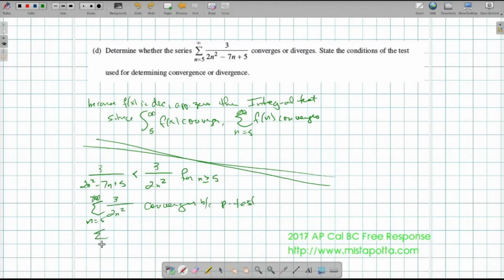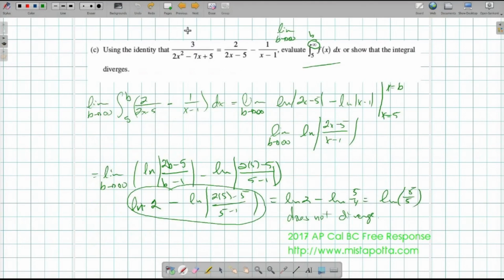And because of that, my original sum, 3 over 2n squared minus 7n plus 5, converges by the comparison test. So that's another way that you can look at it without having to do the integral test. Of course, given part C handed it to you on a silver platter, you might as well use it.